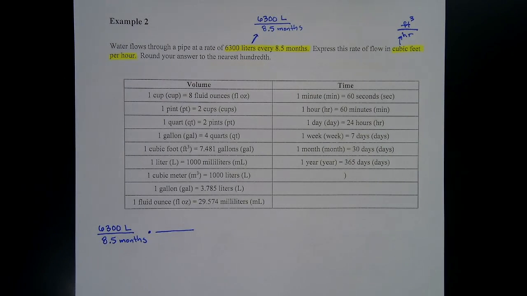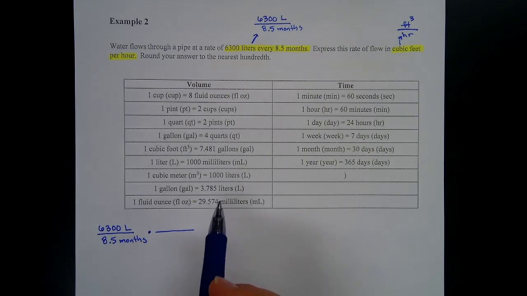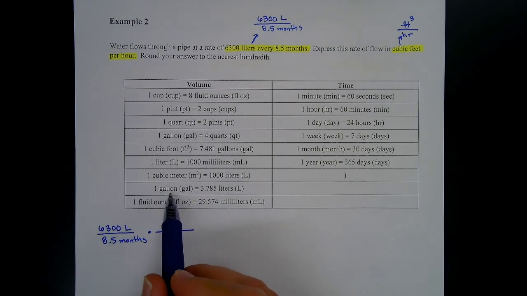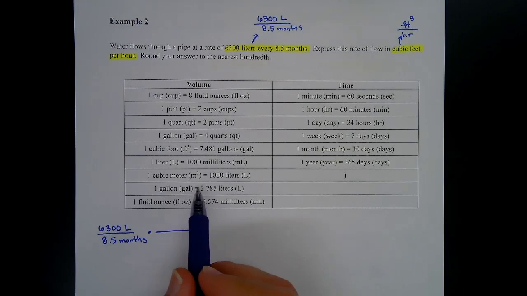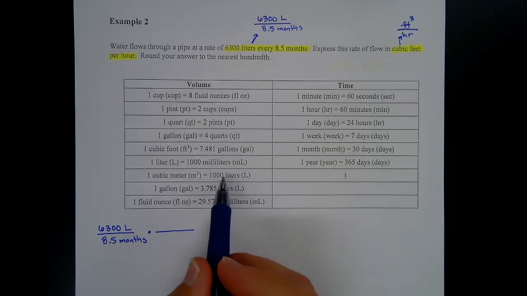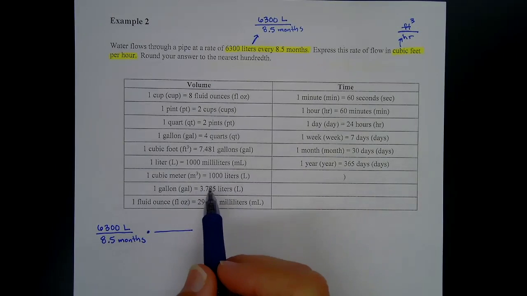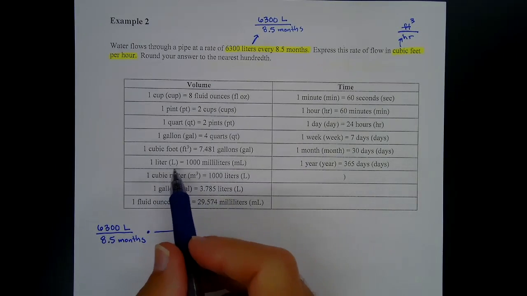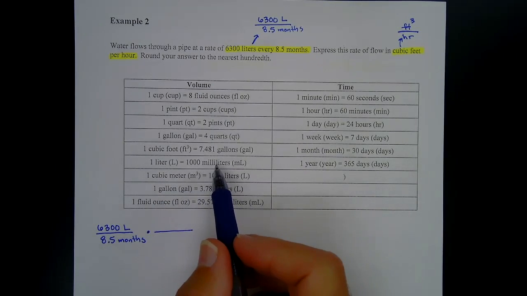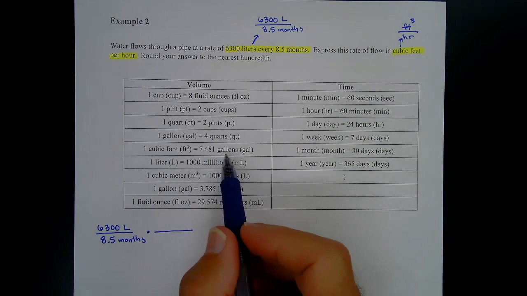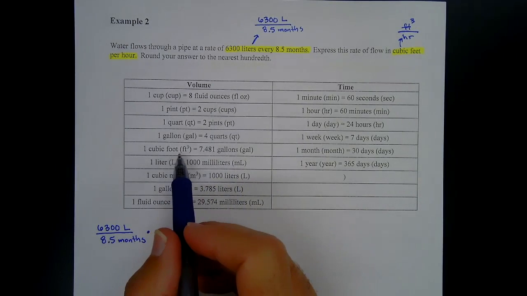I want to change the liters to cubic feet. So let's take a look at some things. So this goes from liters to gallons, and then this one goes from liters to cubic meters. I don't want cubic meters, I want cubic feet. This goes from liters to milliliters. Probably don't want to use that one. Gallons to cubic feet.